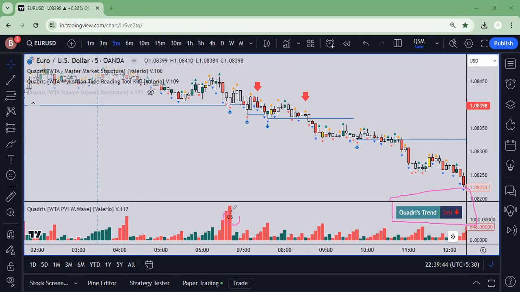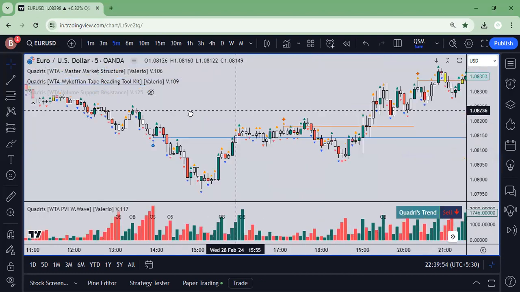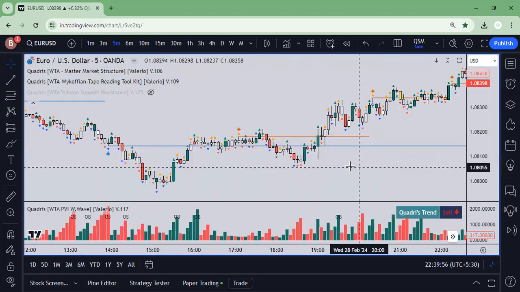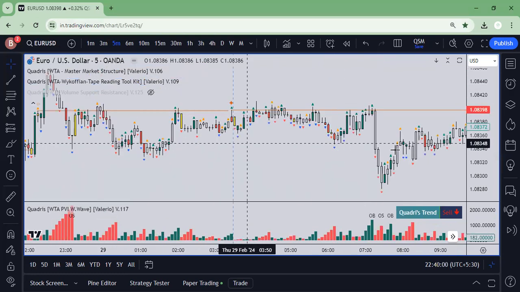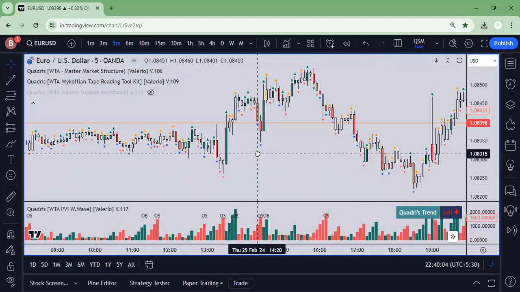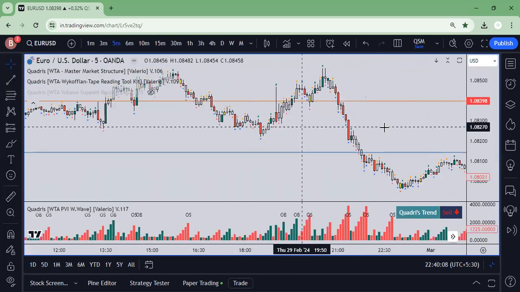OS stands for oversold and OB stands for overbought. They play a vital role in understanding where the market is going to head and how we should plan a trade. So on the 29th, if I don't get any trade, I don't trade.